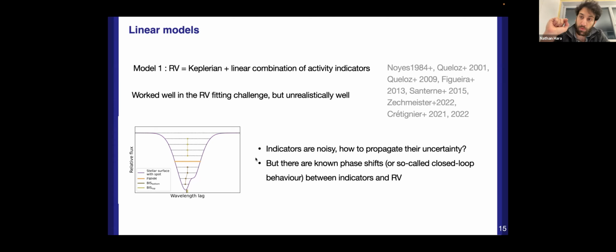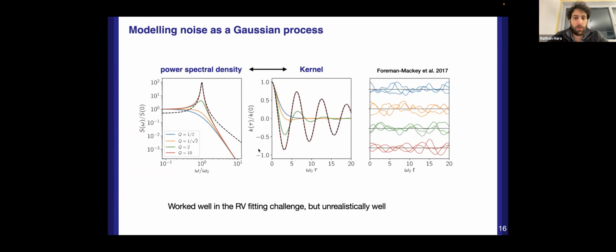Furthermore, we know from the sun and from other stars that there are phase shifts or closed-loop behaviors between indicators and RV. If you plot the indicator against the RV, you get a figure which closes on itself. So if we want to account for the stochastic nature of the noise with something less rigid than a linear model, we can use a Gaussian process.